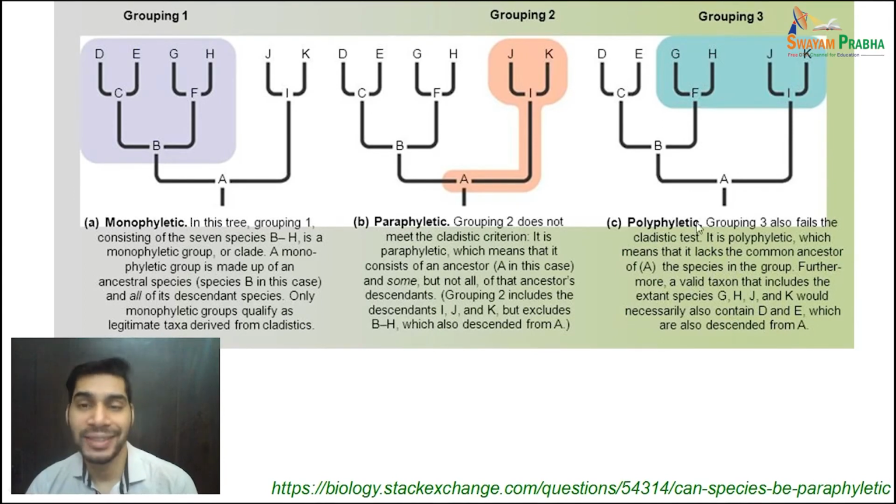So again, this is not true cladistics. So based on which groups you are covering in a group, whether you are including the common ancestor or not, whether you are including all the descendants or only some of the descendants, based on these characters, we decide whether it's a monophyletic, paraphyletic or polyphyletic group.